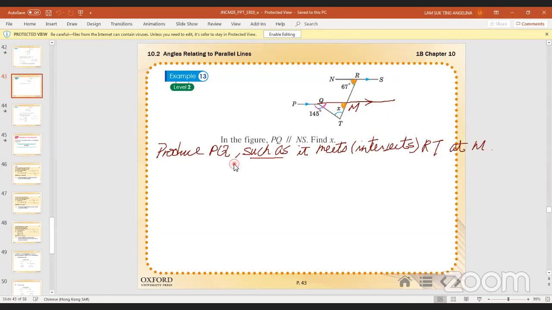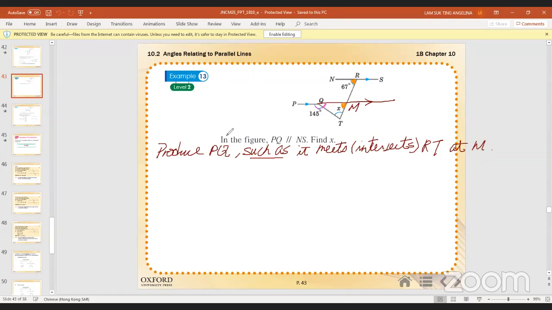I need to make PQ longer, produce PQ. How long do you need to produce it? It has to meet this line, at point M.